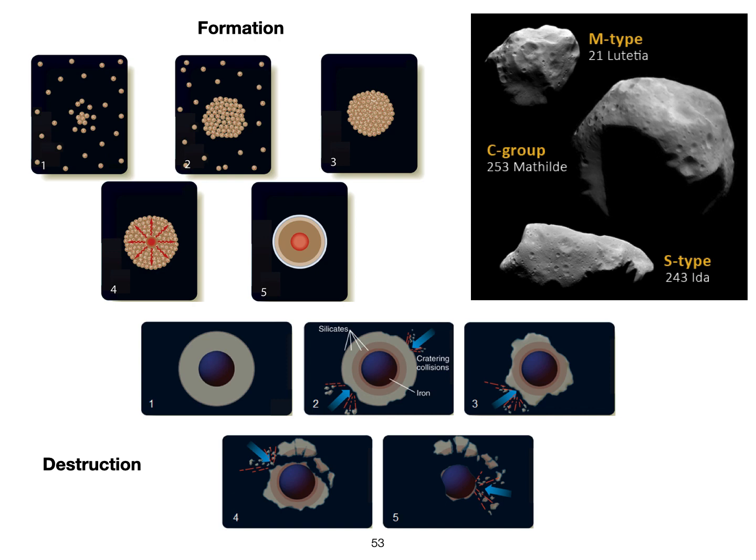And finally, there's also carbonaceous, which is basically compounds of carbon, also undifferentiated, also we think either primitive or a piece of a differentiated asteroid. So these are the three broad classes of asteroids.